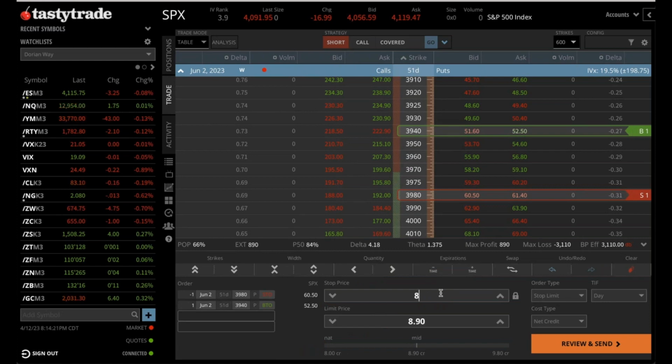So it's going to be something like this: let's say you paid $8 and you want to get out if it's down to $4, and then you don't want to sell for less than $3.50 or something like that. Right? It's the opposite. It's a little more tricky for people who are selling options a lot, but just think about what you're trying to accomplish, and then it'll make a little bit more sense. Okay? So that is the stop limit on TastyTrade.